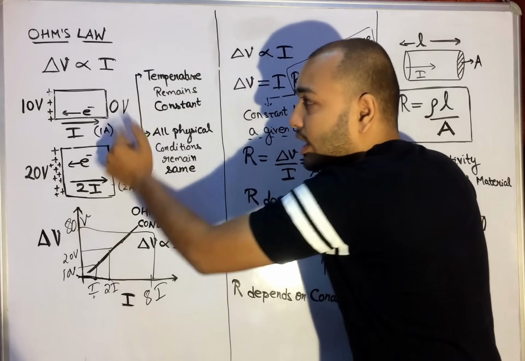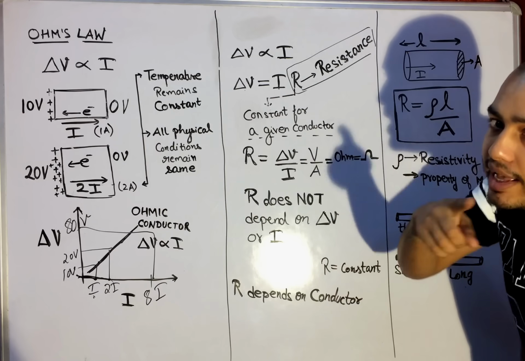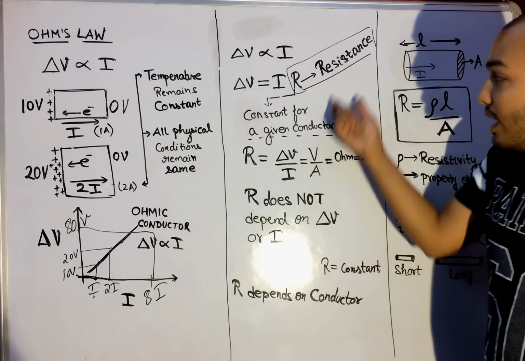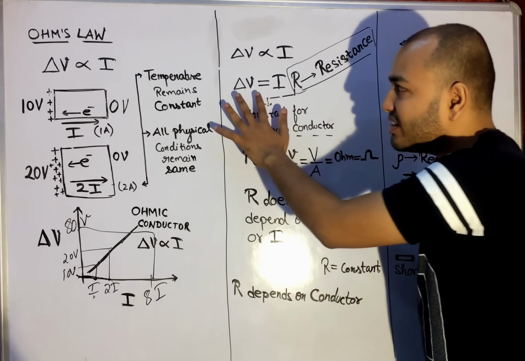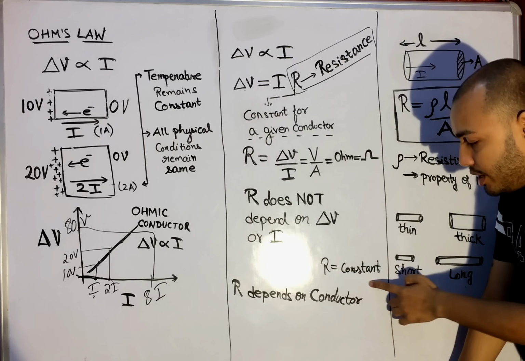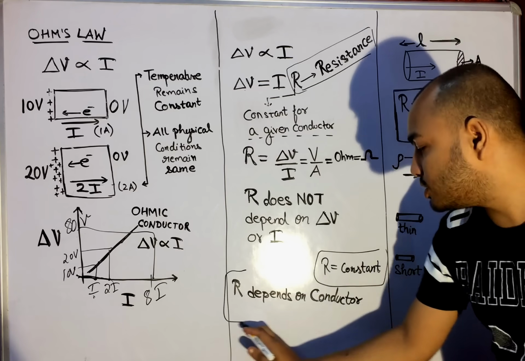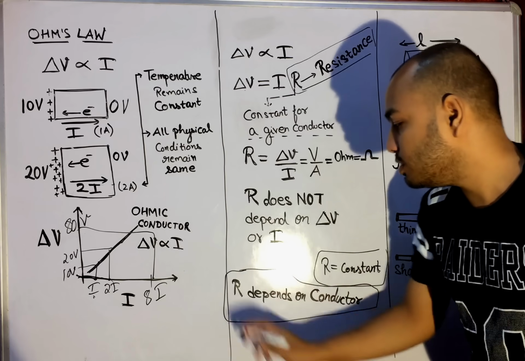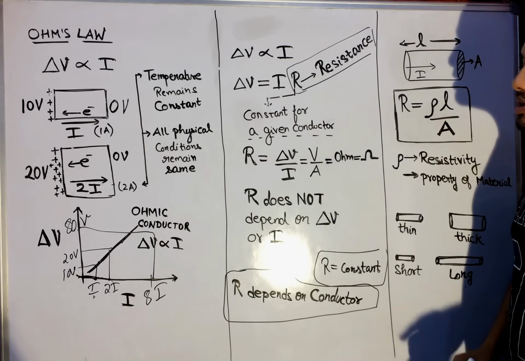Until you change this wire, until you throw this wire and bring some another wire, R will not change in the experiment. So R is a constant for a given conductor. If you increase potential difference, current will increase, but R will remain constant. R depends on conductor. Until you change this conductor, R will not change. R depends upon conductor.